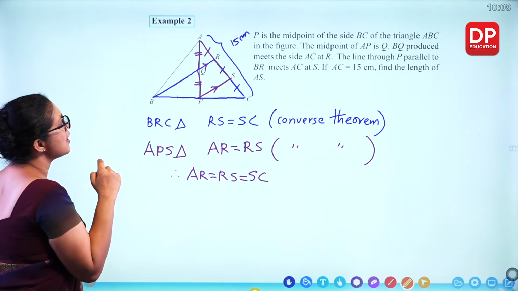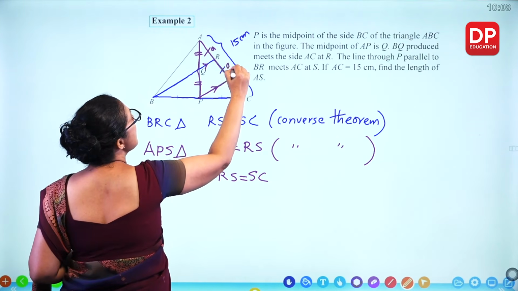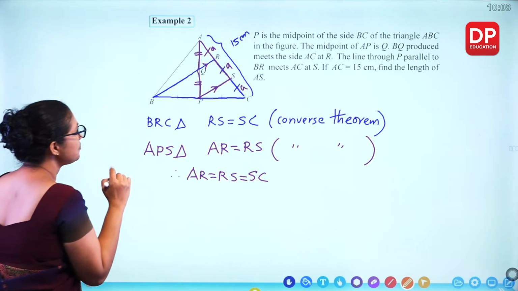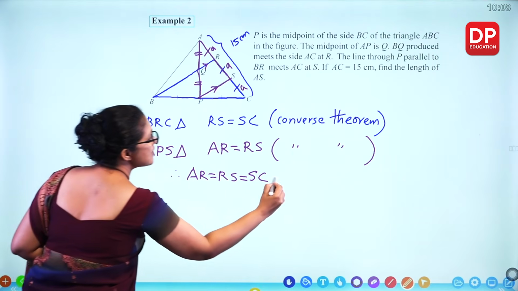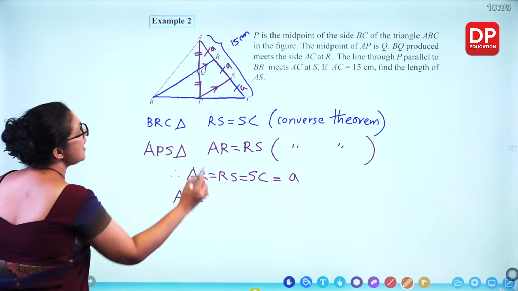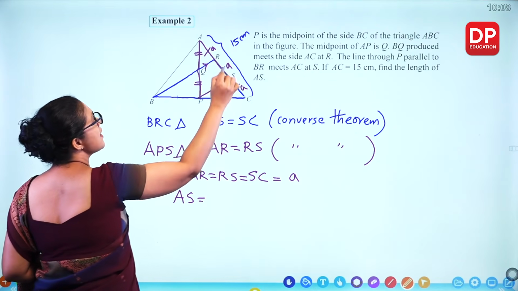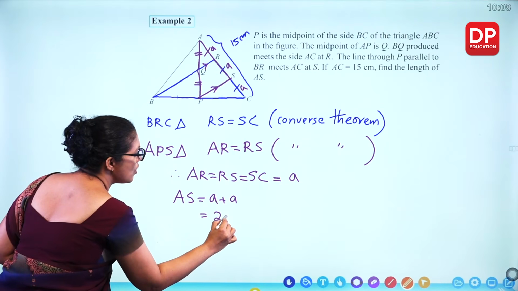So what can you say about AS now? If each of these is A, then AS is A plus A, that's 2A.